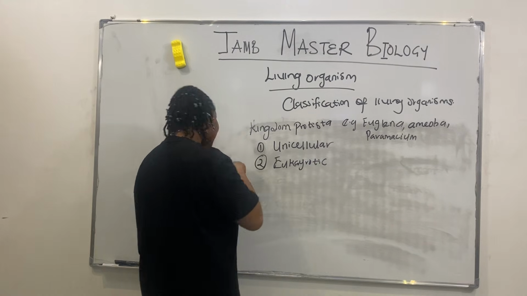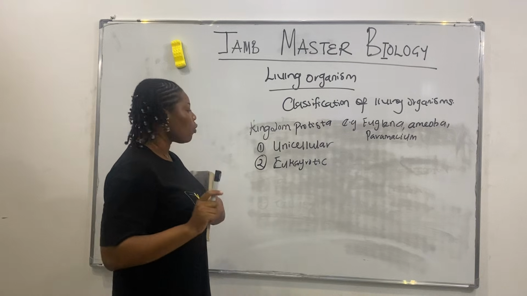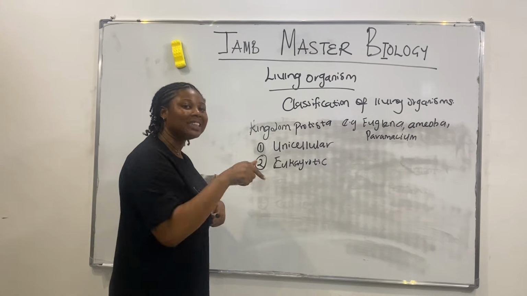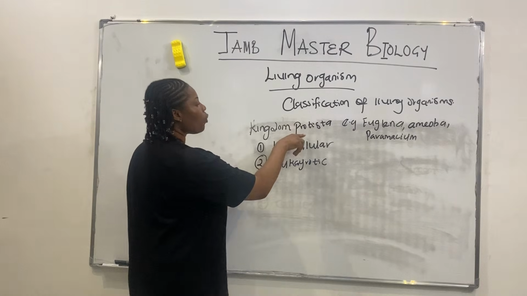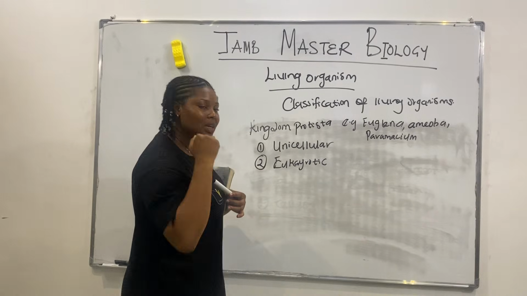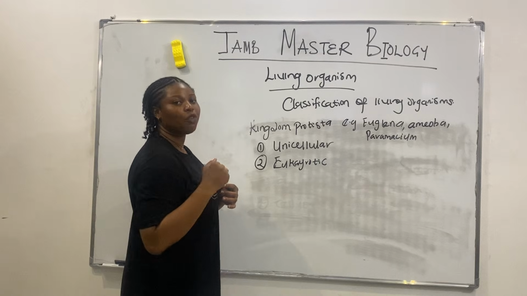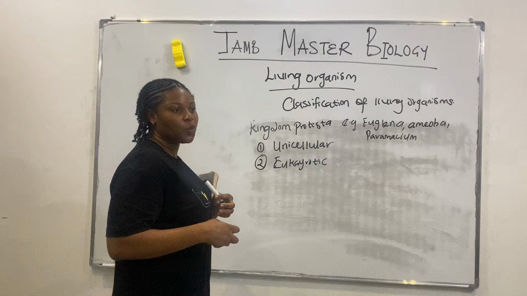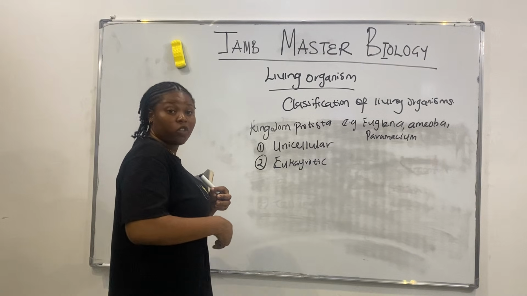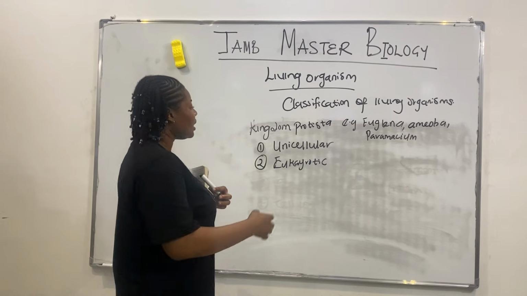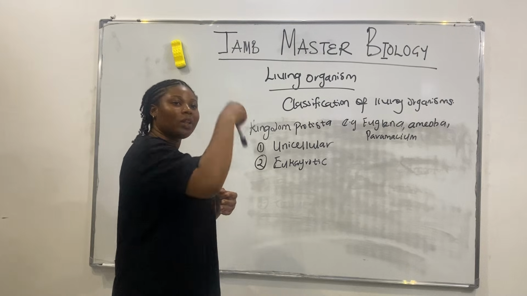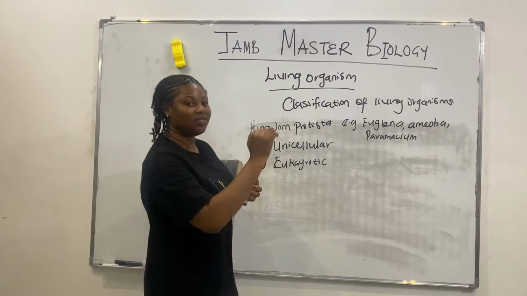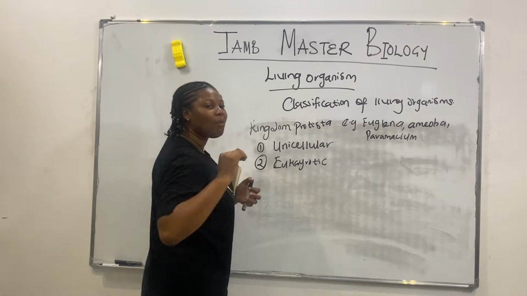Now remember that kingdom Monera were prokaryotic, which means that they do not have organized nucleus and nuclear membrane. But now when it comes to Protista, they are more developed, they are more advanced. Just like for instance, you have a child in the womb that is just forming. The first week they are an embryo. So that's how it is. Kingdom Monera were not at this level, they were not advanced. But now the kingdom Protista, they are more advanced.